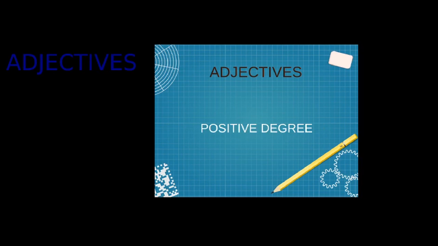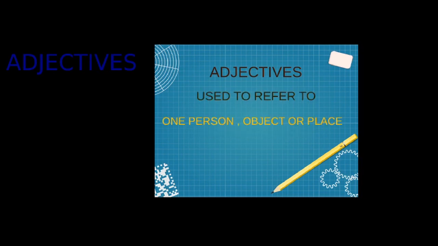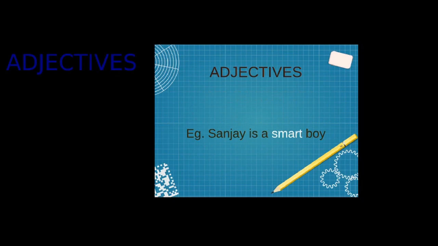Let's first look into what is positive degree. Positive degree is used to refer to one person, object or place without making any comparison. So in positive degree, it does not compare. There is no comparison. Example, Sanjay is a smart boy.